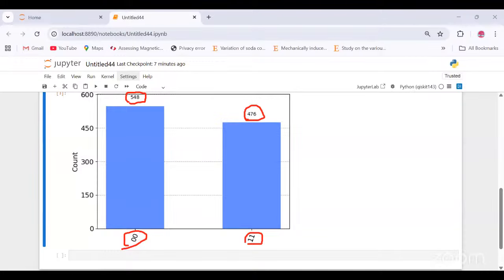So observe this result carefully. You will notice that the outputs are almost exclusively 0,0 and 1,1. Exclusive means that 0,1 and 1,0 will never appear here. Just note this point: 0,1 and 1,0 will never appear here.